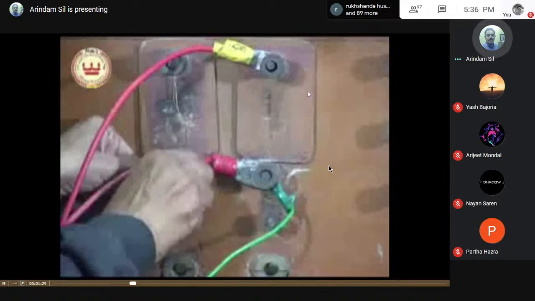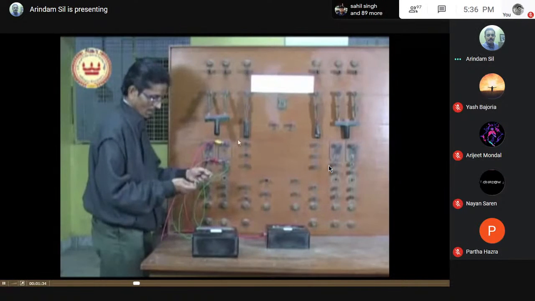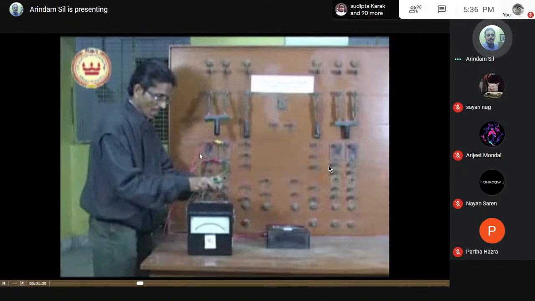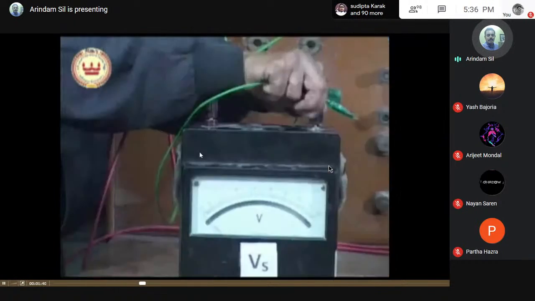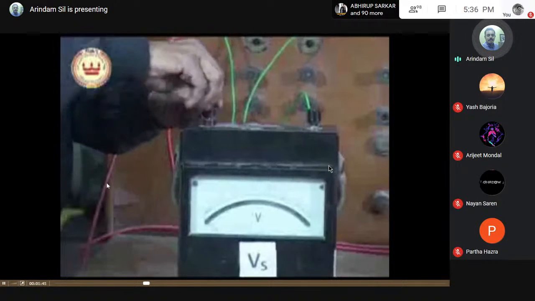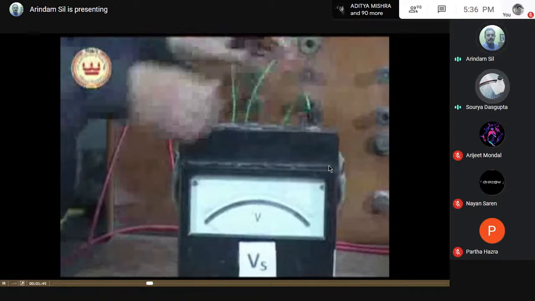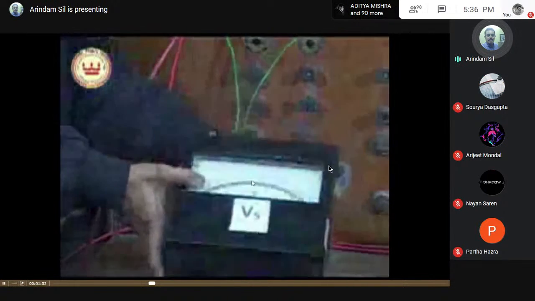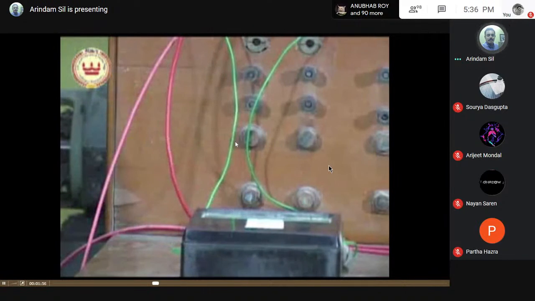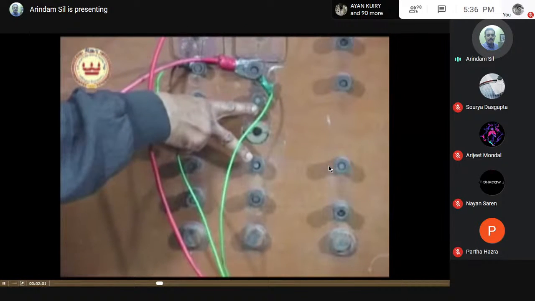Remember that for current, this was a series line, right? So we have used a red wire. Don't go by the color. But can you see that this green wire is thin and that red wire is thick? You know why? You see what you have connected? The voltmeter V. The voltmeter is connected by a thin wire because it is always connected across the line and it measures the potential difference.